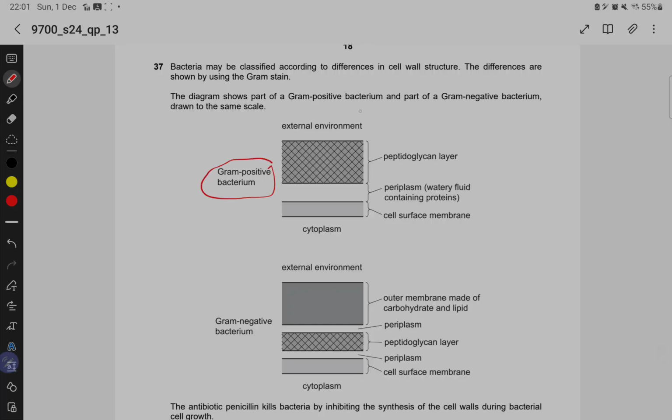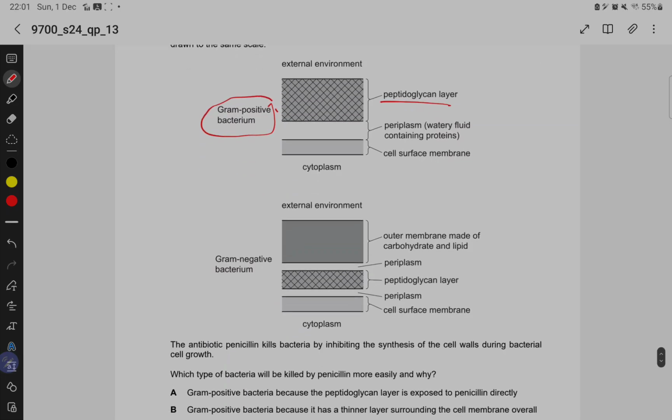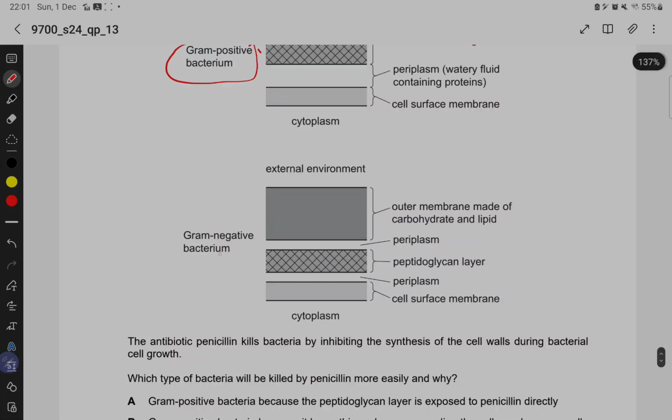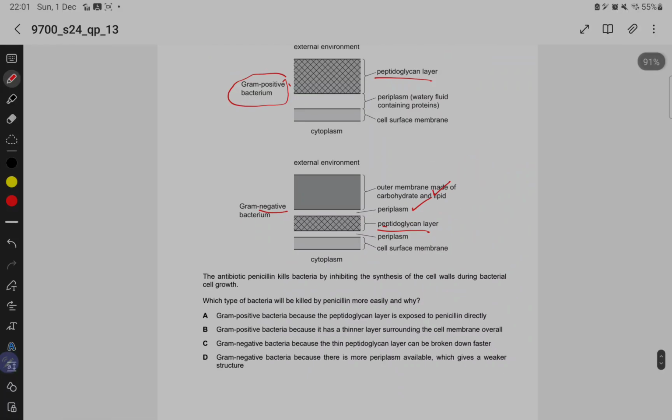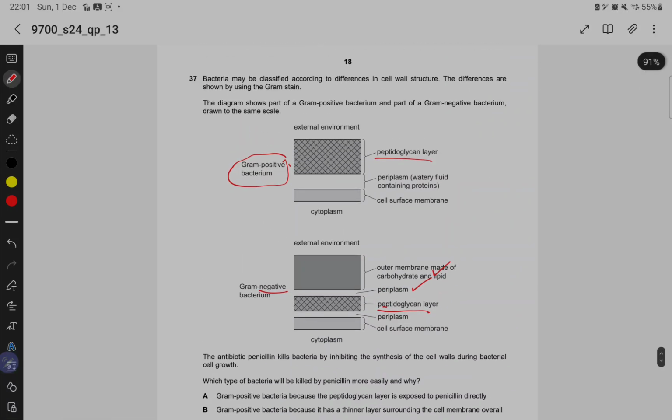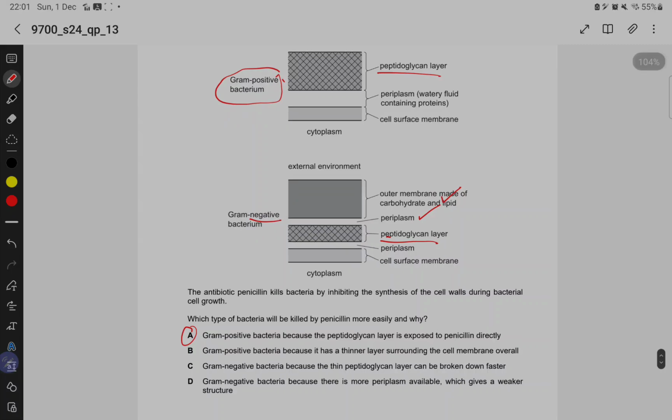Well, the thing is gonna attack the peptidoglycan layer, right? And in gram-positive, the first layer is just the peptidoglycan layer. While in the negative, it's the third layer. Penicillin needs to pass this and this if it wants to damage the peptidoglycan layer. So yeah, it just looks like A.